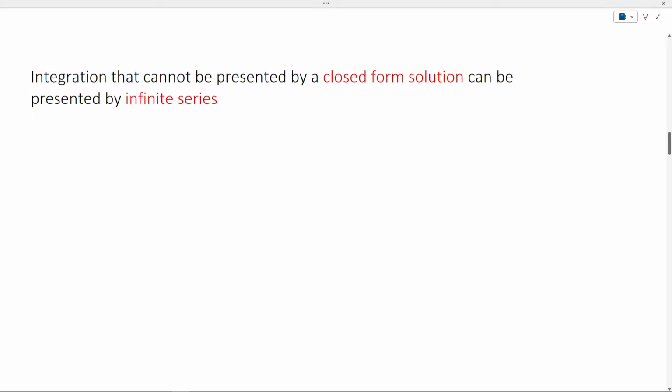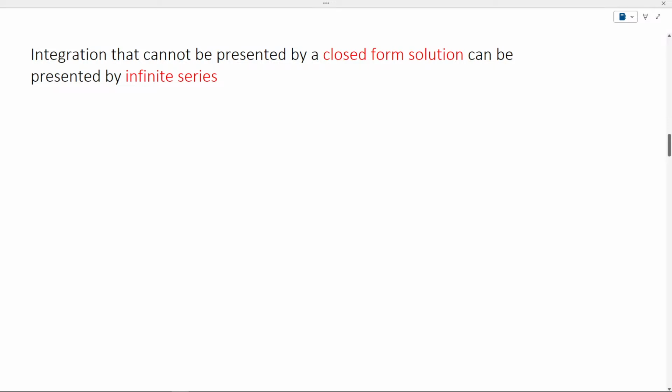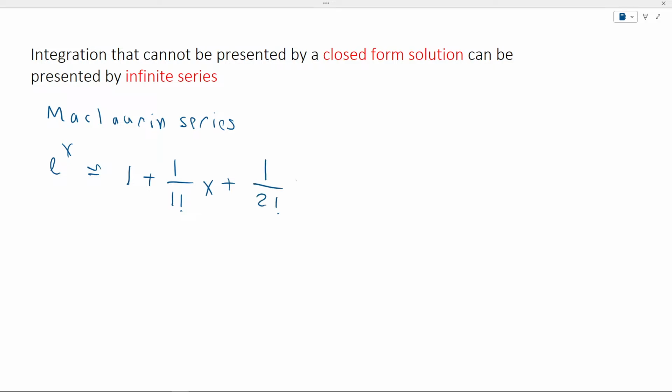For example, you remember the Maclaurin series, where e to the power x is not equal, but approximately equal to 1 plus x over factorial of 1 plus x squared over factorial of 2, and so on.